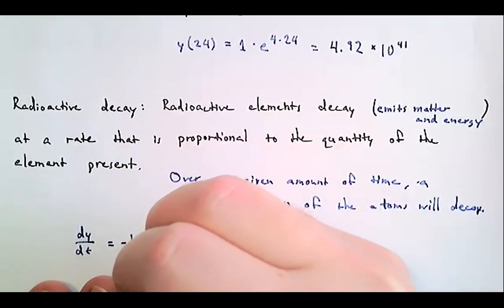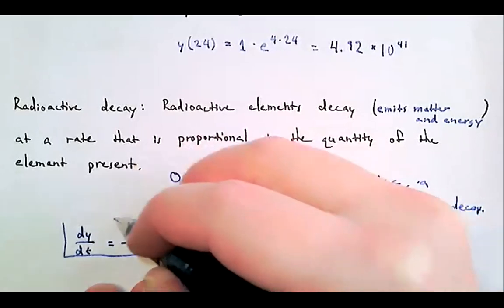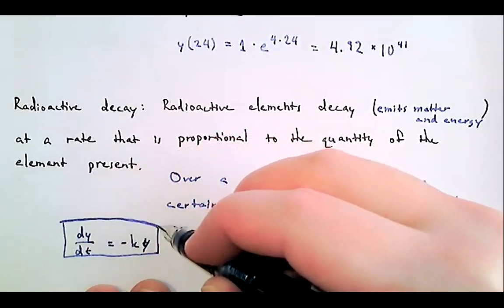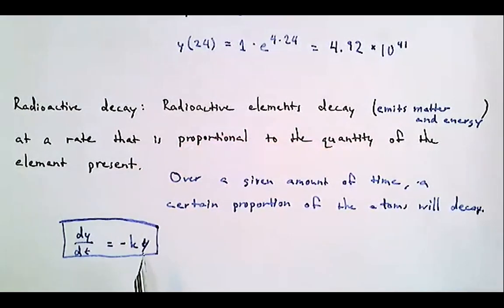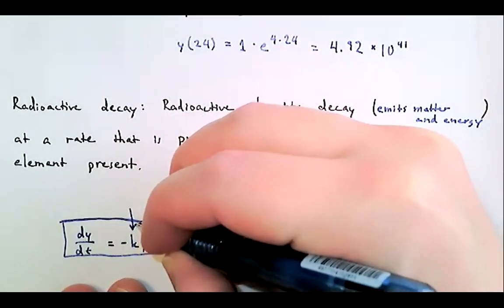That should be a y. So we want to start with this. And you might remember in the original formula, we just had a k. And when we're talking about radioactive decay, usually we put an extra minus sign on here. And what we think of is k is positive.